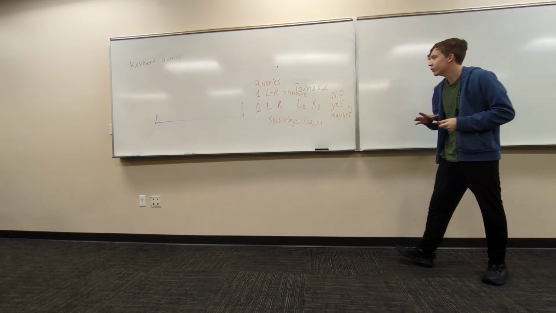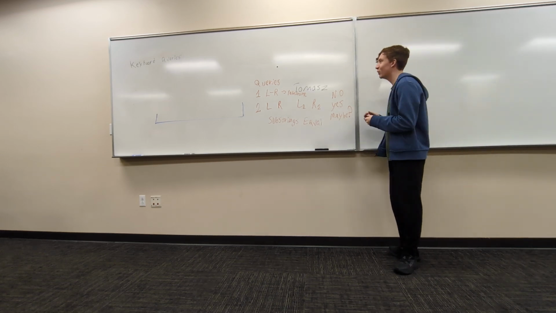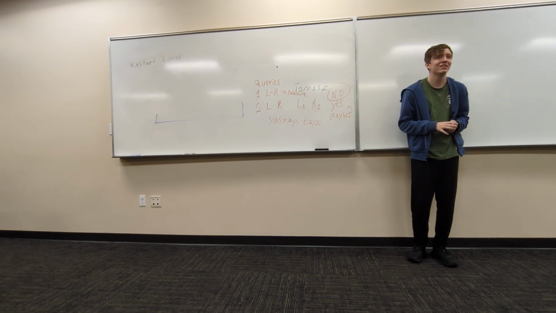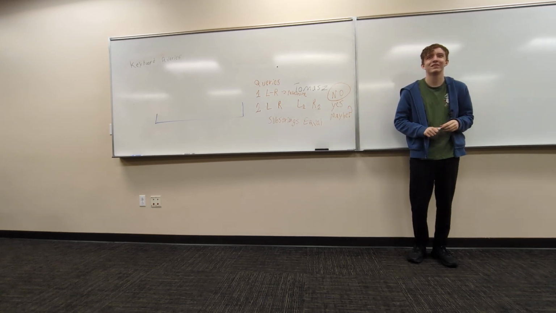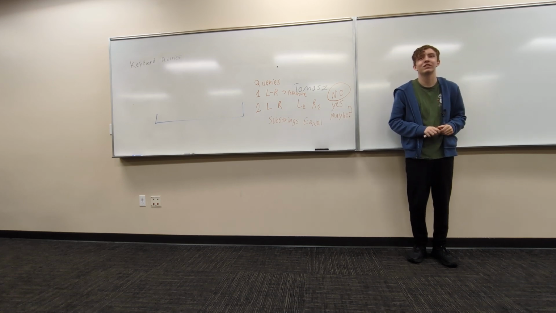Okay, so can anyone give me a reason why answering no is actually really easy? Substrings with different lengths. Okay, why is that the only case? Because the only way you don't know if they're equal is if some character can be multiple different things.